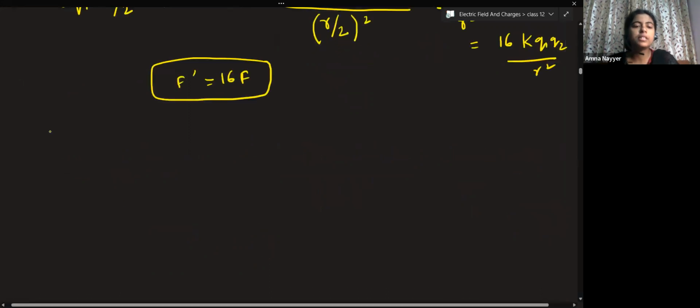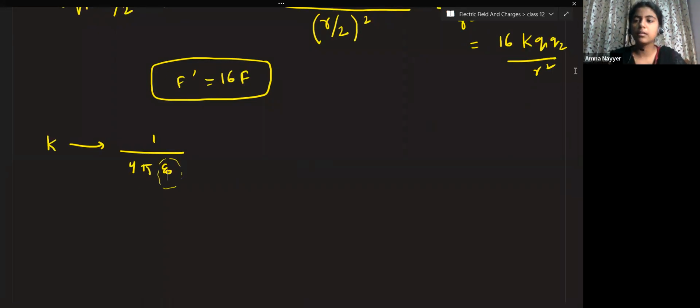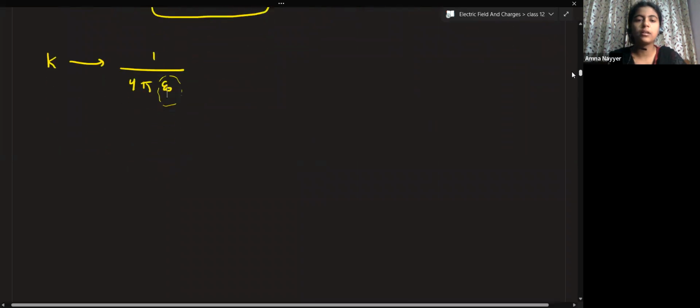Let's discuss one more topic over here. If you remember, K was written as 1 by 4 pi epsilon naught. I had told you that this epsilon naught will be discussed. Now let's see what is meant by this epsilon naught.